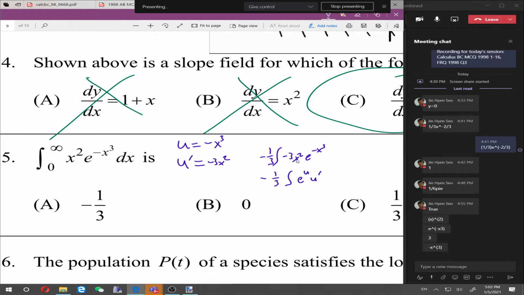I'm dividing by negative 3 so that I can multiply by negative 3 without changing the original problem, in order to get the negative 3x squared that you need for u prime, in order to substitute for u prime. Any questions on our u substitution?